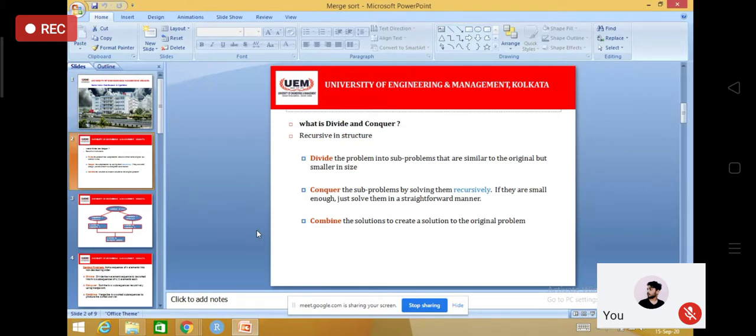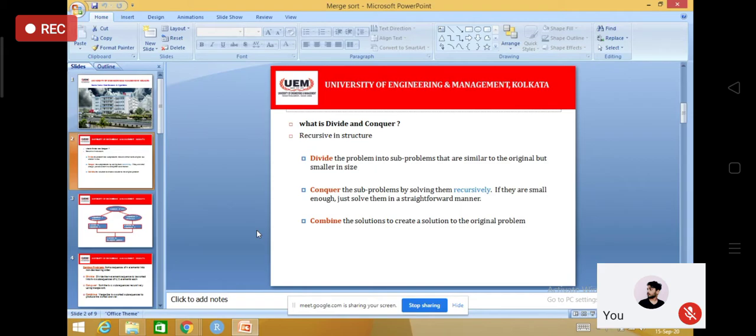Now, the next term is conquer. What is the meaning of the term conquer? Conquer means solve each of the sub problems in the similar way you are supposed to solve the main problem. Means recursively you solve each of the sub problems, not using some separate algorithm.